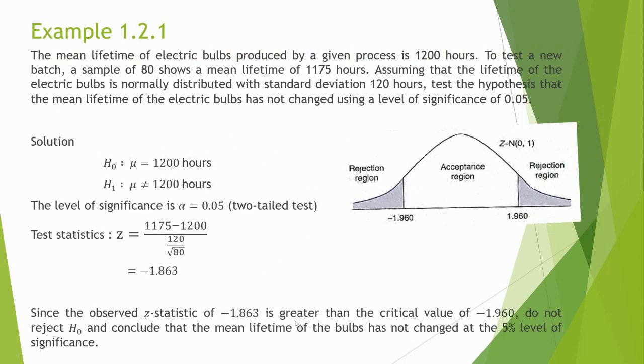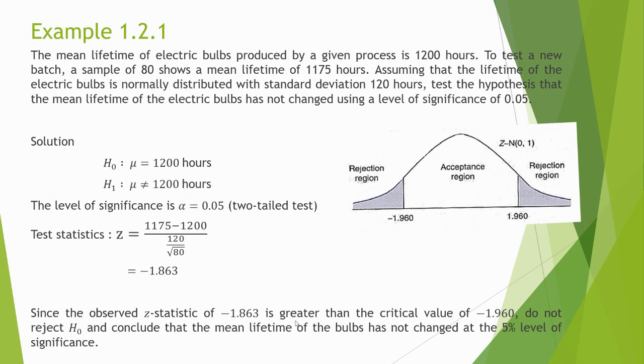Okay, now an example. The mean lifetime of electric bulbs produced by a given process is 1200 hours. Okay, to test a new batch, a sample of 80 shows a mean lifetime of 1175. Okay, so our H naught here is mu equals 1200.